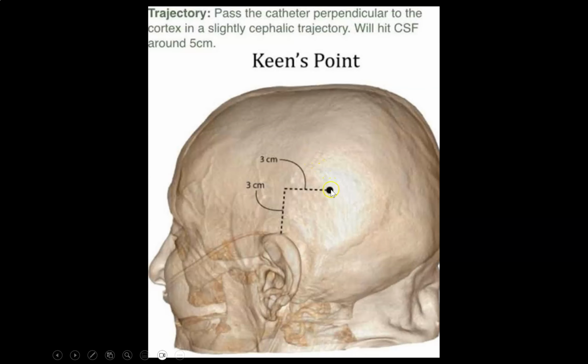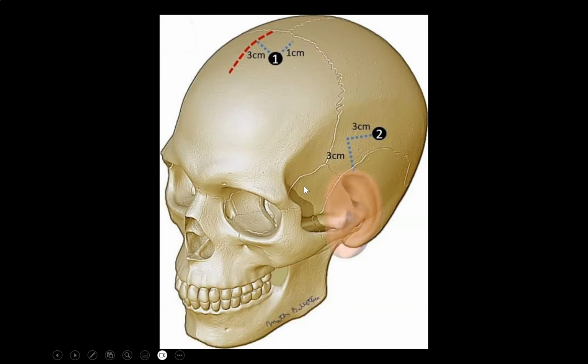And if you want to put your tube in the frontal horn, you can extend it to 7 centimeters to reach the frontal horn and to apply it there. So Keen's point, lateral aspect of the skull, 2.5 to 3 centimeters above, 2.5 to 3 centimeters behind the ear pinna. Kocher's point is here, and Keen's point is here.